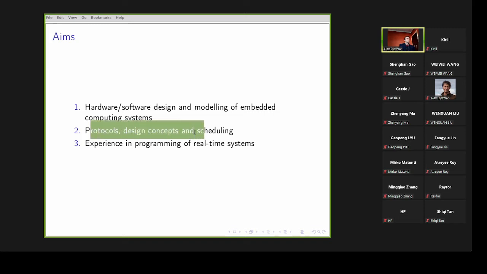Protocols, design, concepts, and scheduling. Scheduling is one of the large things for both parts of the course. So in my part, it will be present, and Fascia will be talking about scheduling in terms of efficiency of computation and power management. So it will be quite interesting.